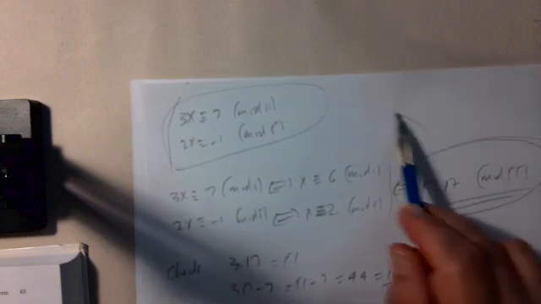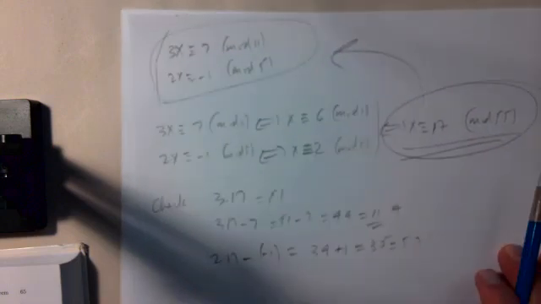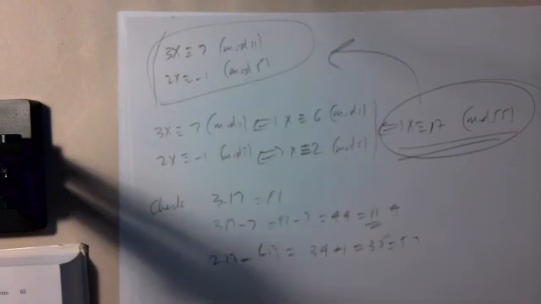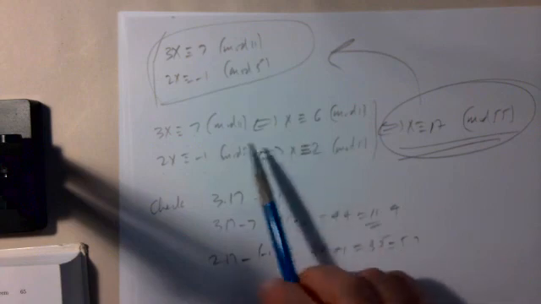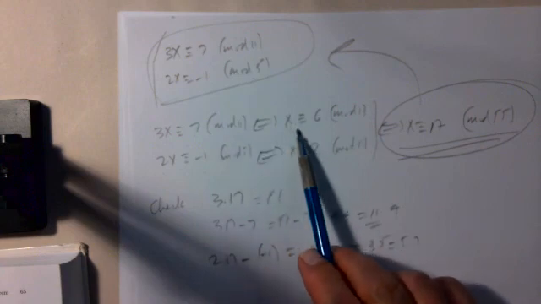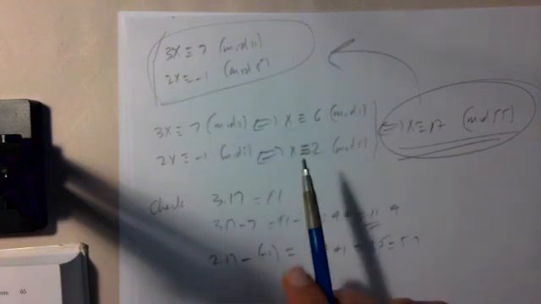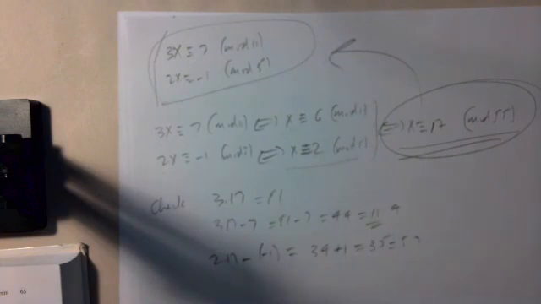So 17 is the solution of those two linear equations. We reduce each of these to simple equations where the coefficient of x is 1, we use the Chinese remainder theorem, and we solve the problem.